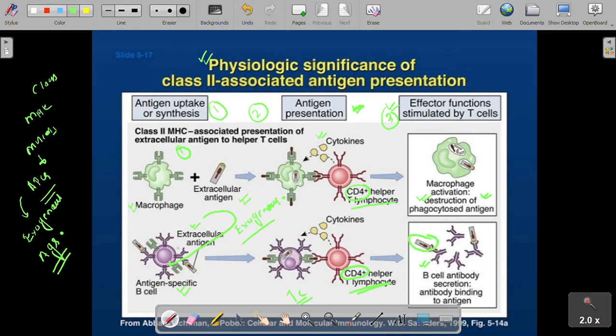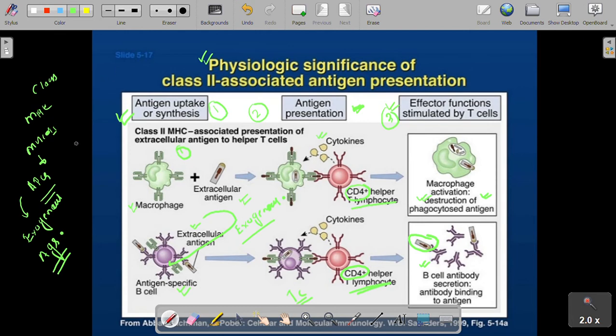So the first step in the physiological significance of the class 2 associated antigen presentation is antigen uptake or synthesis by the two pathways that we have already studied. The first one is the exogenous pathway and the second is the endogenous pathway.